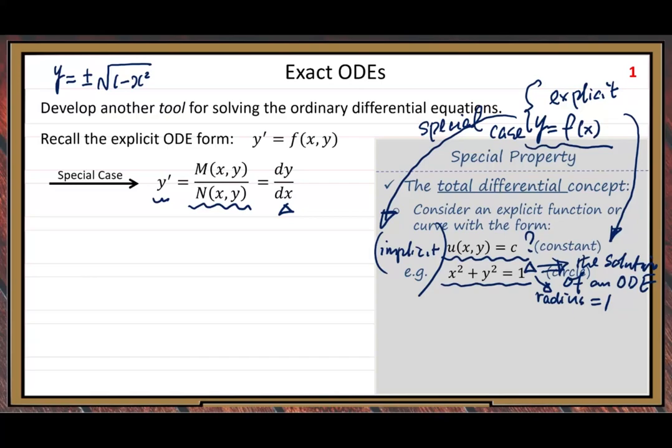But for most other implicit functions, you cannot write them as explicit functions. So we just accept the implicit function representation as our solutions for the ODEs. Now we understand it that way.